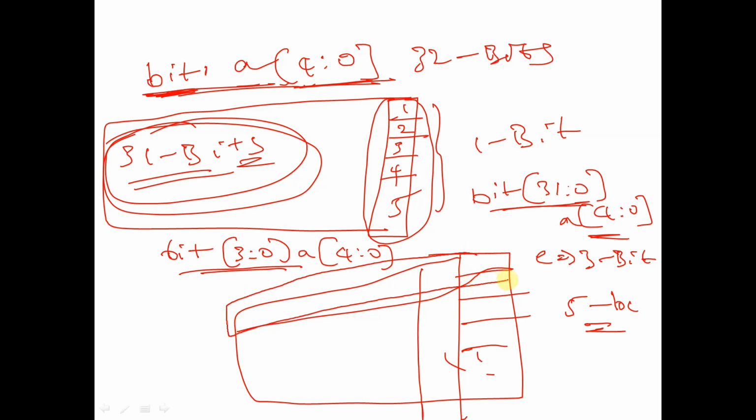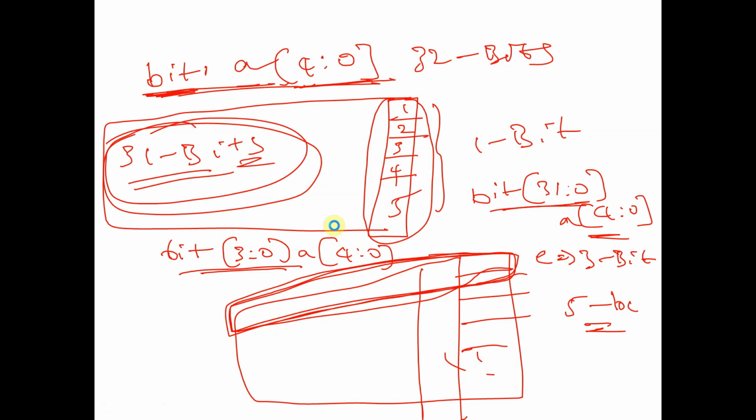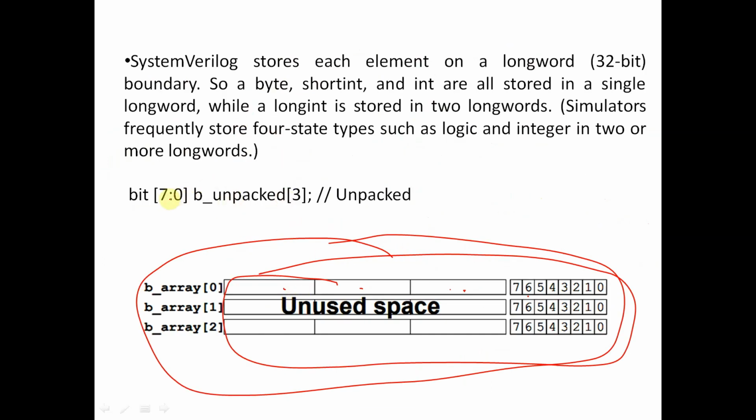That is, we are completely using that location. So this is how we represent an unpacked array. Here we are declaring bit 7 down to 0, b underscore unpacked of 3. So 3 locations will be created, and 32 bits will be created for each location, but we are using only 8 bits here. We are storing only 8 bits, so the remaining are unused in the case of an unpacked array.